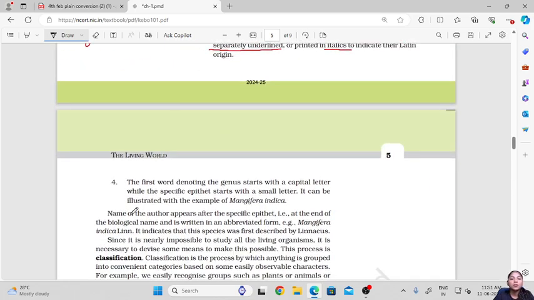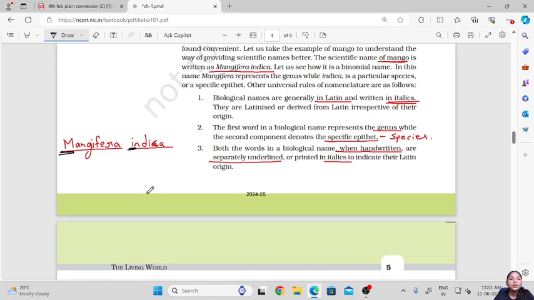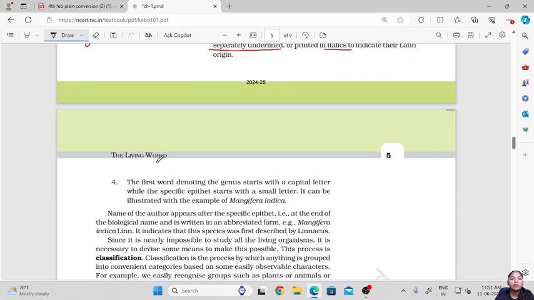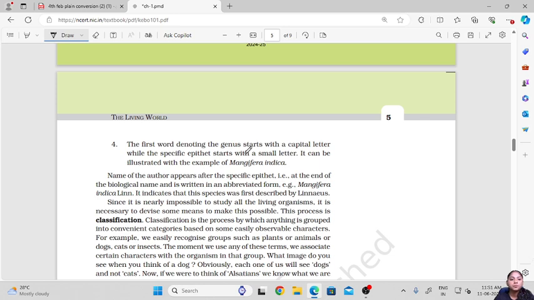Then the name of the author can be written after the specific epithet, and it should be written in an abbreviated form. For example, the name Mangifera indica was given by Carolus Linnaeus, so here we can write Lin, the name of the author in abbreviated form.